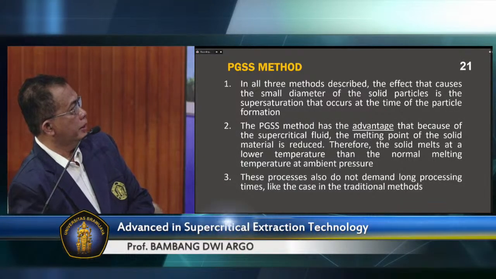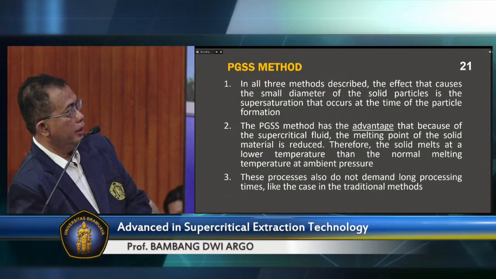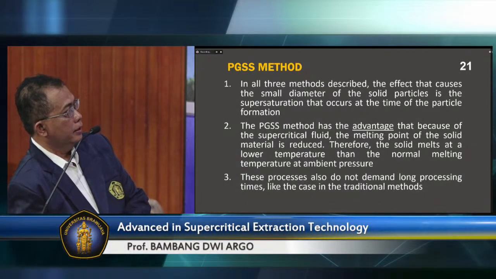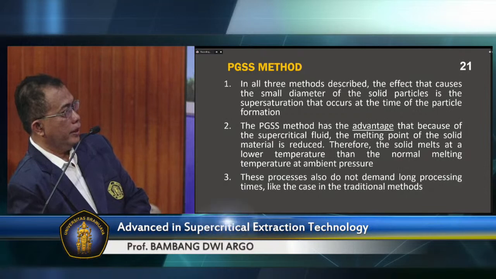And then the PGSS method has the advantage that because of the supercritical fluid, the melting point of the solid material is reduced. Therefore, the solid melts at a lower temperature than the normal melting temperature at ambient pressure.